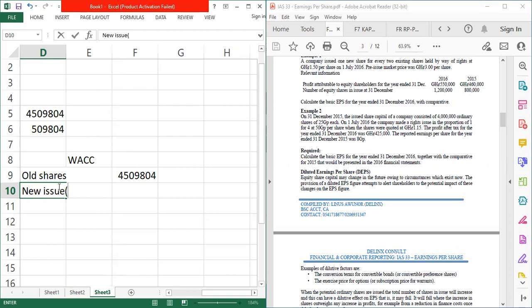They will run for 6/12, so 6/12 multiplied by that. What are we getting?